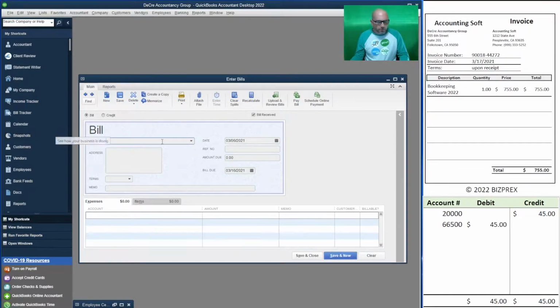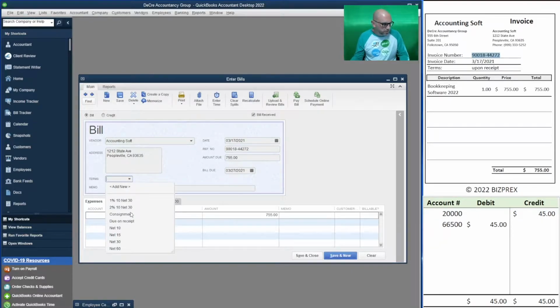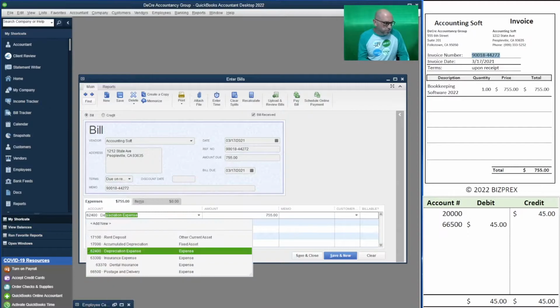Bookkeeping software. Okay. Software nowadays is basically using subscription.